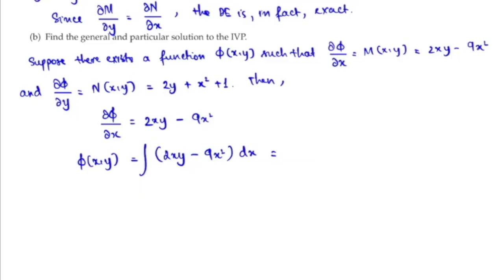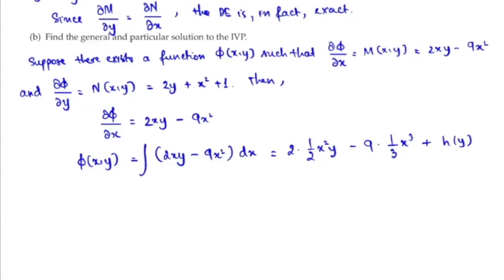So the antiderivative of x is 1/2 x squared. So you have 2 times 1/2 x squared times y minus 9 times 1/3 x cubed. Again, the antiderivative of x squared is x cubed over 3. Plus a constant, because we are working with an indefinite integral, but here the constant representation is h of y.